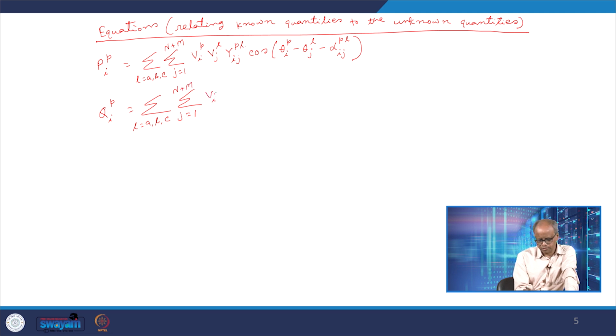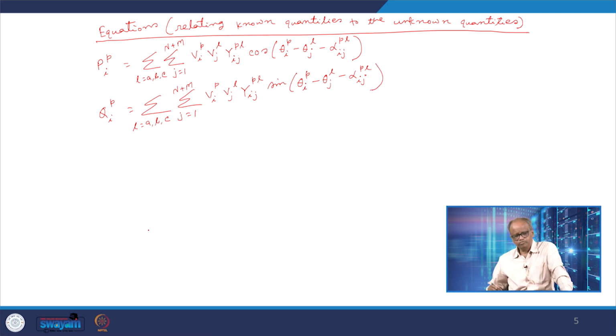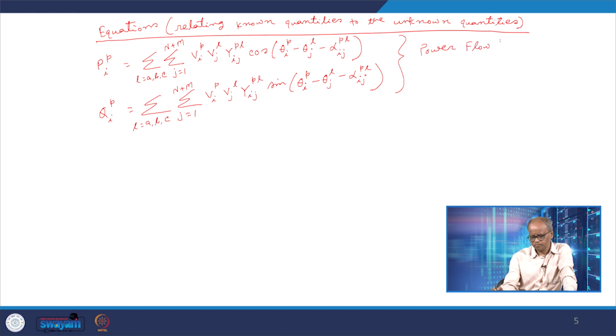And this is VIP, VJL, YIJPL sine of theta IP minus theta JL minus alpha IJ PL. These power flow equations we have already derived in some earlier lectures.